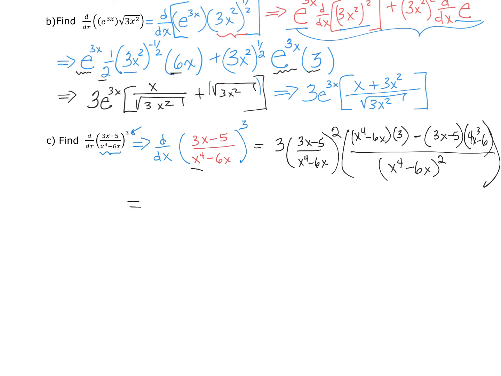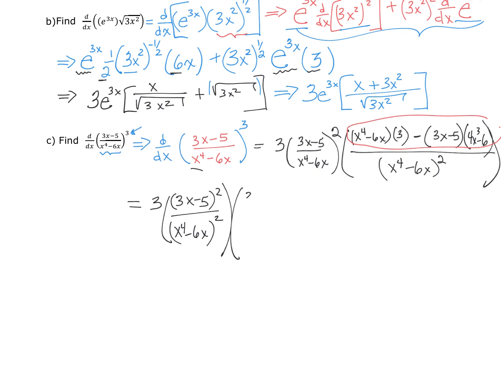So again, just for practice, let's see if we can simplify this a little bit. So I am going to distribute here in the numerator, and I will get 3. I'm going to write this as 3x minus 5 squared over x to the 4th minus 6x squared.